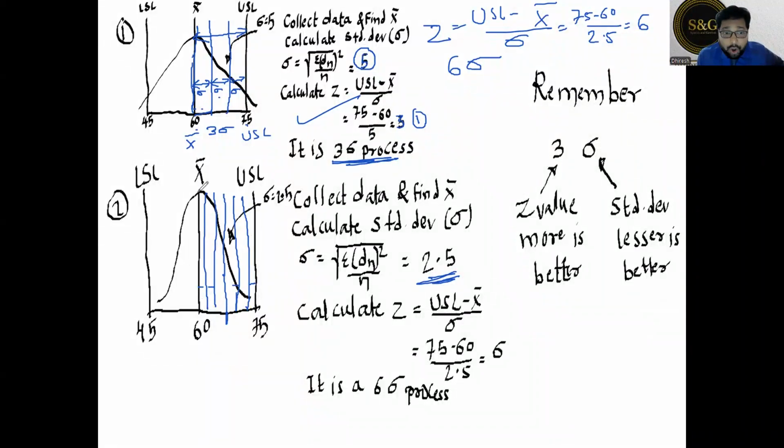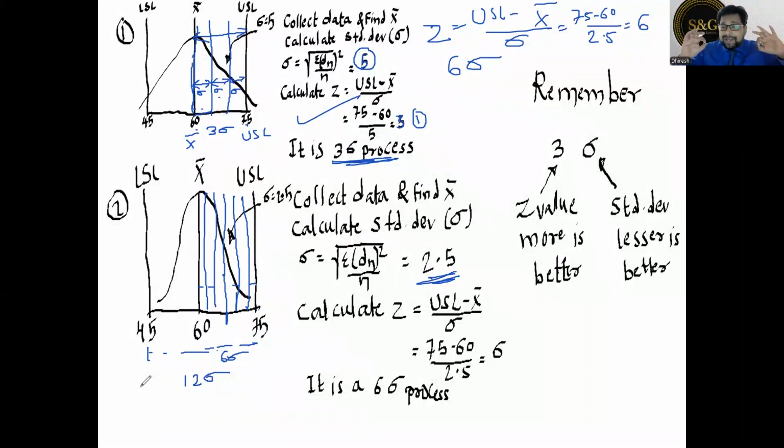which means, see, on only one side, when I say 6 sigma process, I can fit 6 standard deviations. So in total, between LSL and USL, I can fit 12 standard deviations.